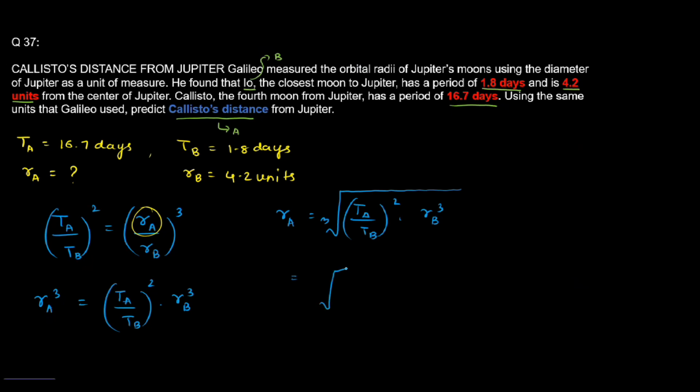And then we solve taking cube root. TA is 16.7, TB is 1.8 squared times RB, which is 4.2 cube. And when you solve this, you get your RA as 18.5 units, which you can round off to 19 units.